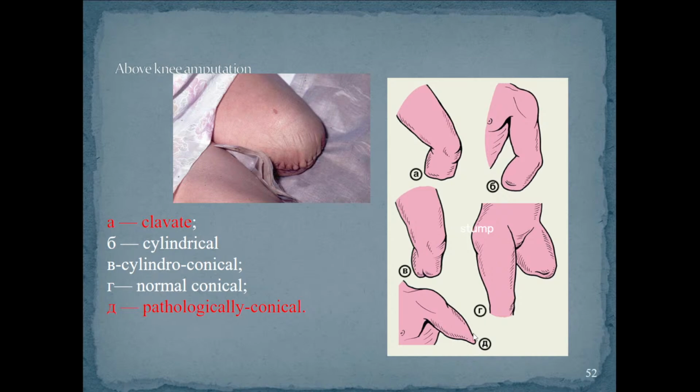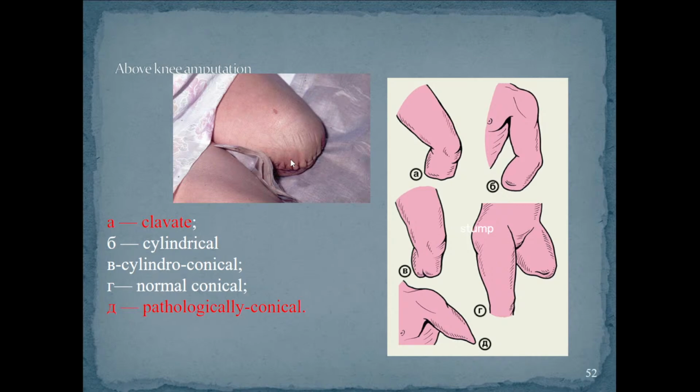Of course, this stump will not work, and if we apply the prosthesis, here we will get an ulcer, and the patient will suffer from ulcer disease, and maybe in future there will be inflammation with pus formation, and we will again perform the amputation.